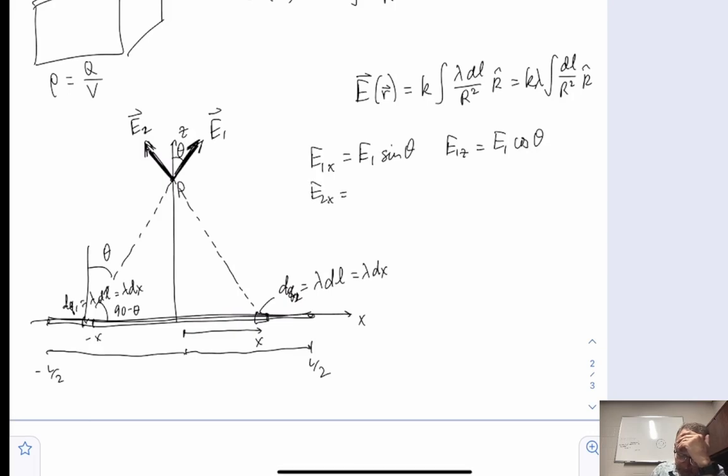E2x is going to be minus E2 sine theta, and E2z is going to be E2 cosine theta.